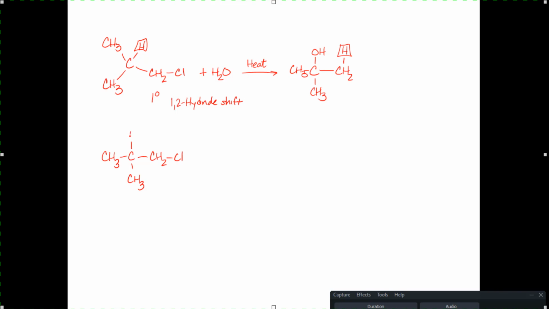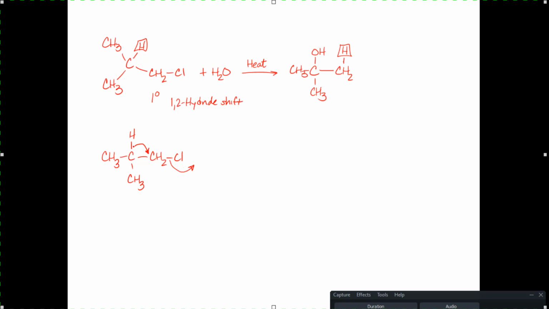So in this case, what would happen is the hydride would shift over to the carbon and the chlorine would leave, all in one step. So the H is taking its pair of electrons, bonding to the carbon, and then the leaving group is leaving. Why? Because I can't lose the chlorine and form a primary carbocation.